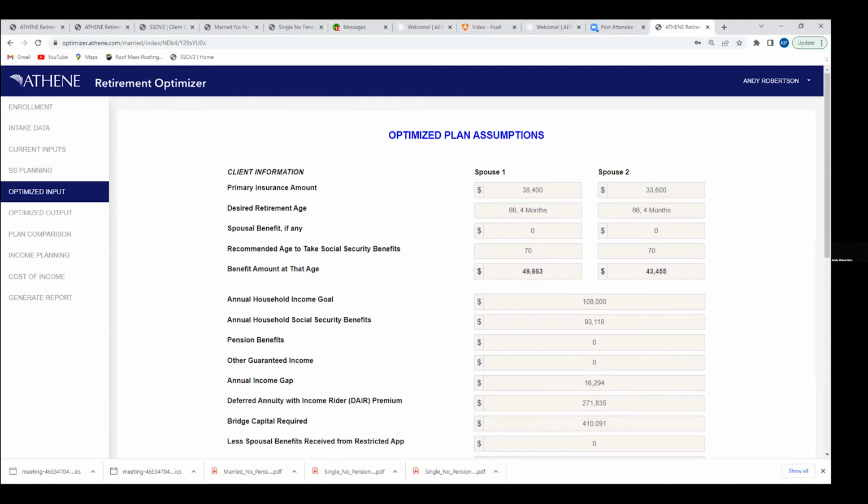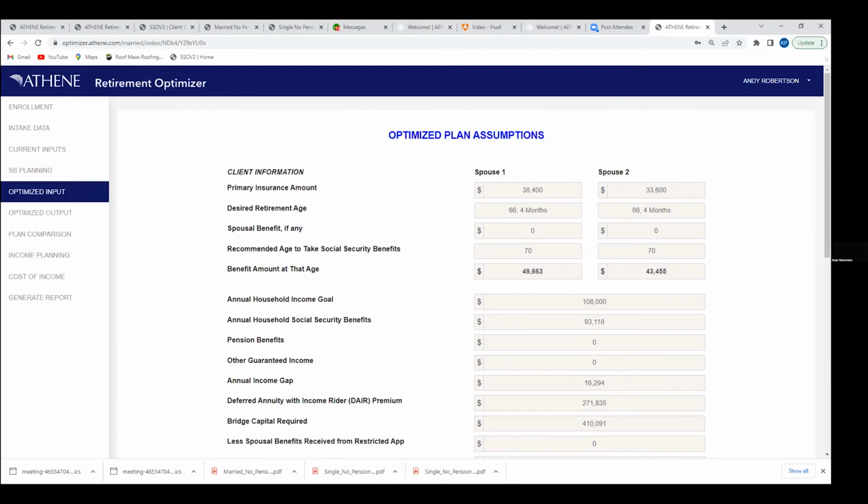What we're going to do here is pair the optimization of Social Security with the optimization of your assets, and we're going to take advantage of the leverage that you can get only through the law of large numbers, which is something that's a franchise right of the insurance industry. We're going to leverage a product that's going to guarantee the delivery of that income gap for the duration of 2 lives, and they're going to do it on a deeply discounted basis.